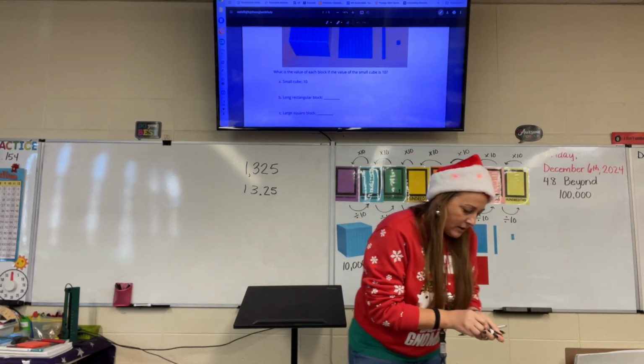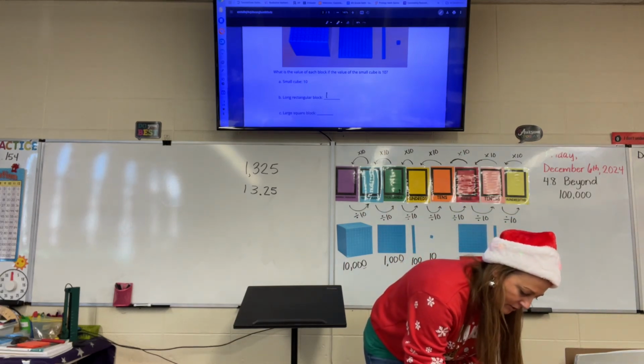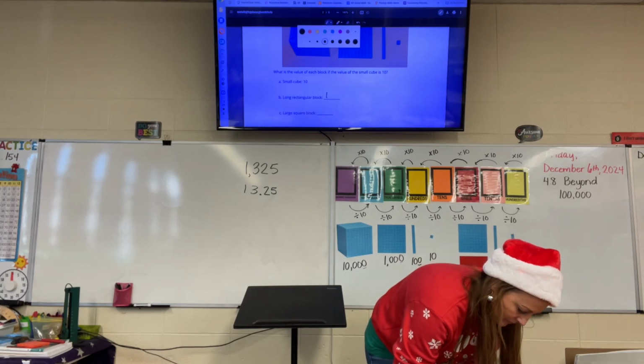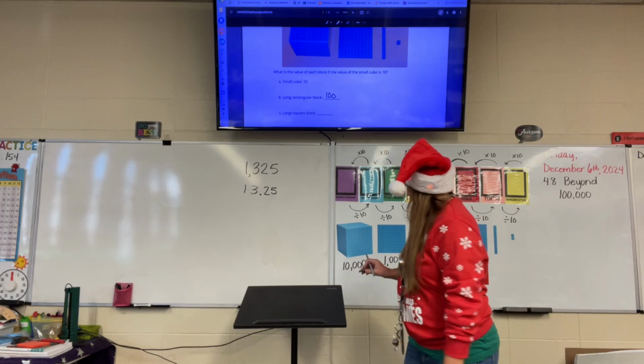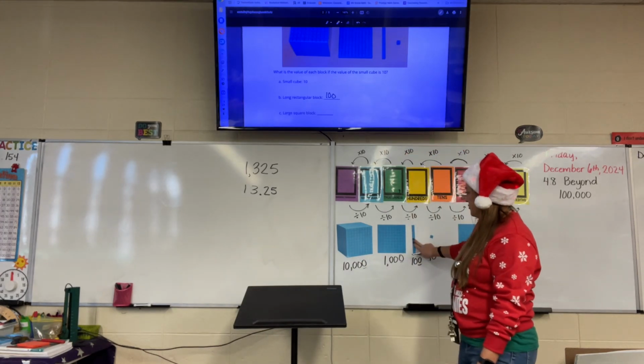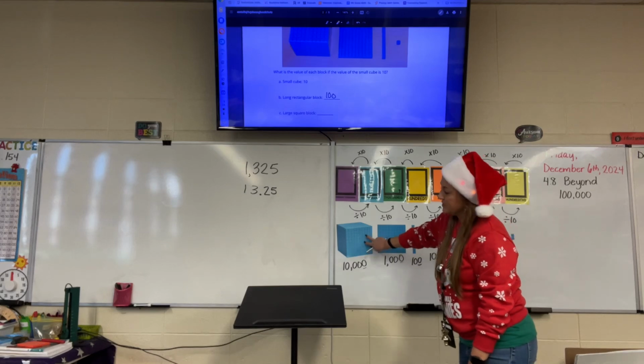So here we go. The long block would be worth 100. Write this down on your paper. The large, and we're talking about this guy would be 100. The large square block would be 1,000.